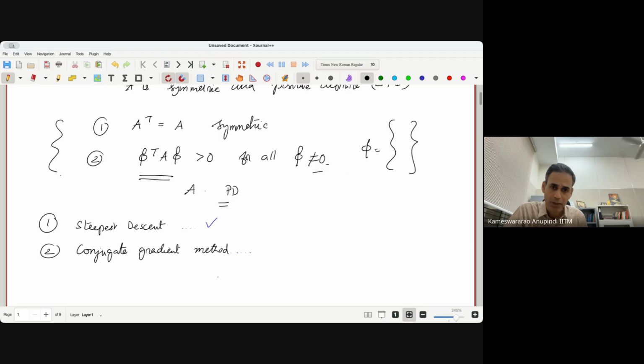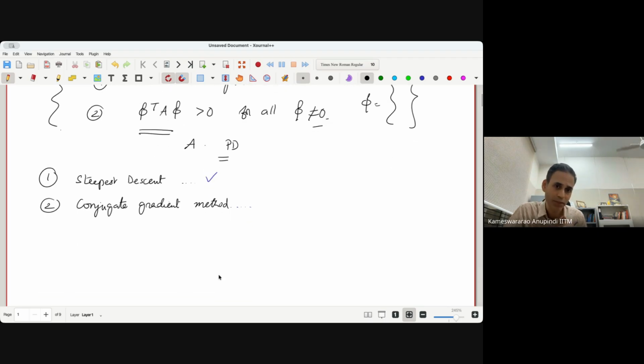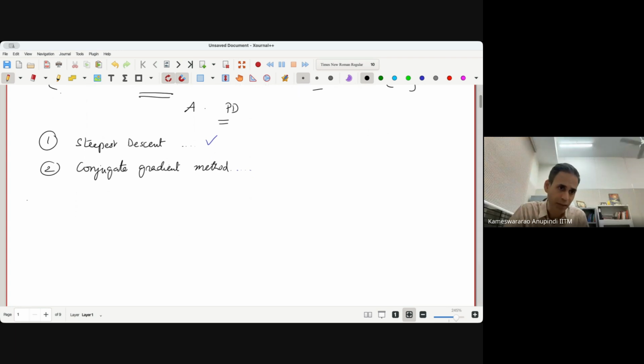Okay, fine. So what do these gradient methods do? They're very interesting because if we wish to solve for Ax equal to b, or A phi equal to b, till now we have learned how to solve for Ax equal to b by applying operations on the matrix A. Either we were doing Gaussian elimination or LU decomposition, or we have identified certain patterns.